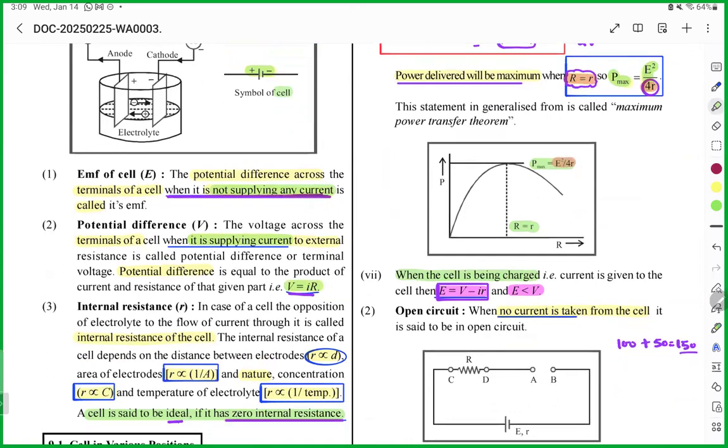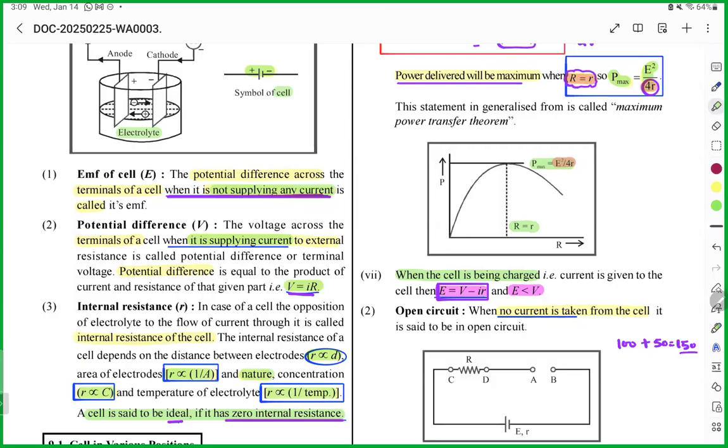You know internal resistance is because, for example, here you have electrolyte. Due to this electrolyte, there will be some resistance created. This will be known as the internal resistance of the cell. And it depends upon the distance. More distance, more resistance. You know, same rule of the resistance. Inversely dependent upon the area, and it depends upon the nature of material, concentration of the solution. It also inversely depends upon the temperature. It means if you increase temperature, resistance will decrease.